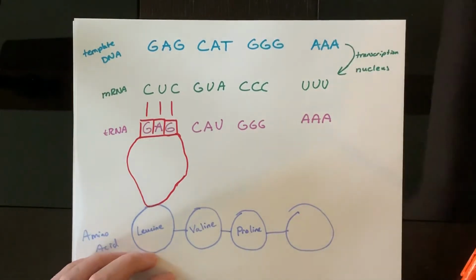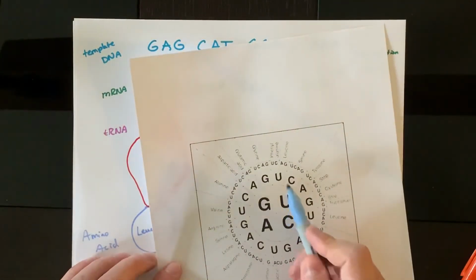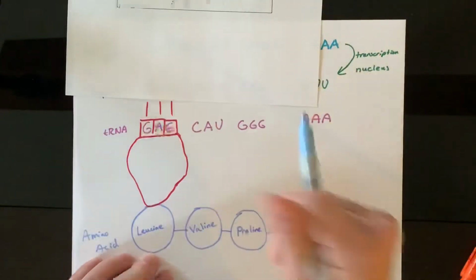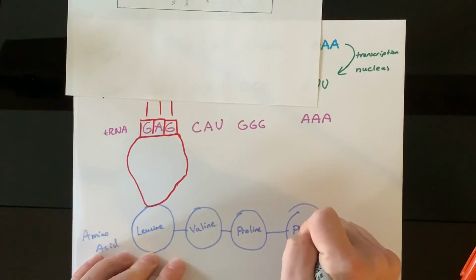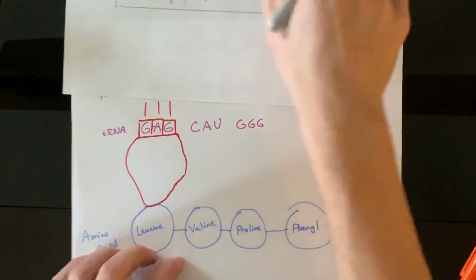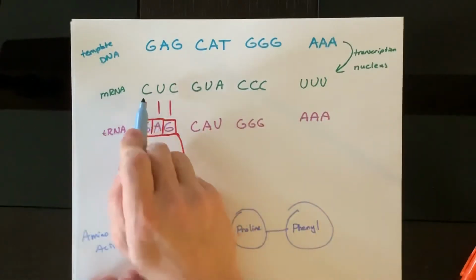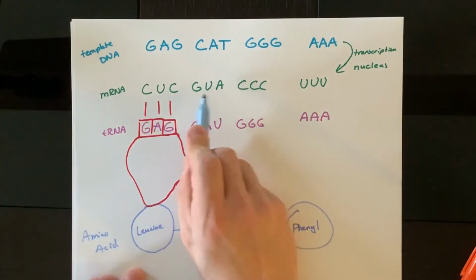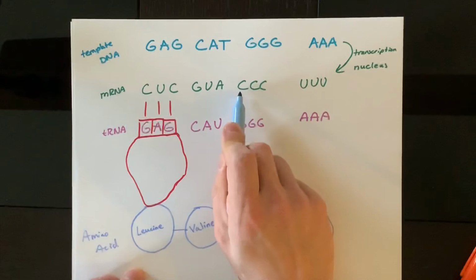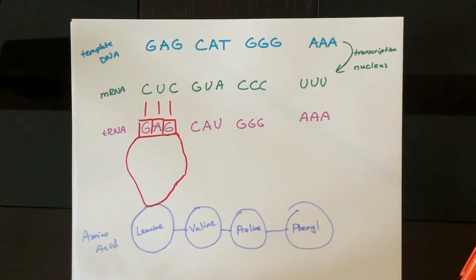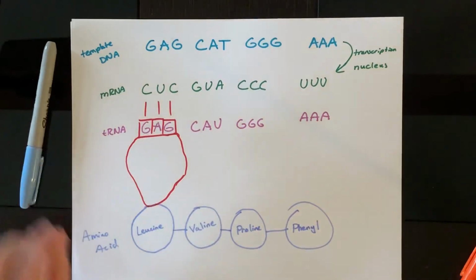And the last one, UUU, is phenylalanine. I'm not going to write all phenylalanine out because you guys will use abbreviations anyway. But so I used CUC, I got leucine out of it. GUA, got valine out of it. CCC, proline, and UUU, phenylalanine. Okay, that's our amino acid sequence.